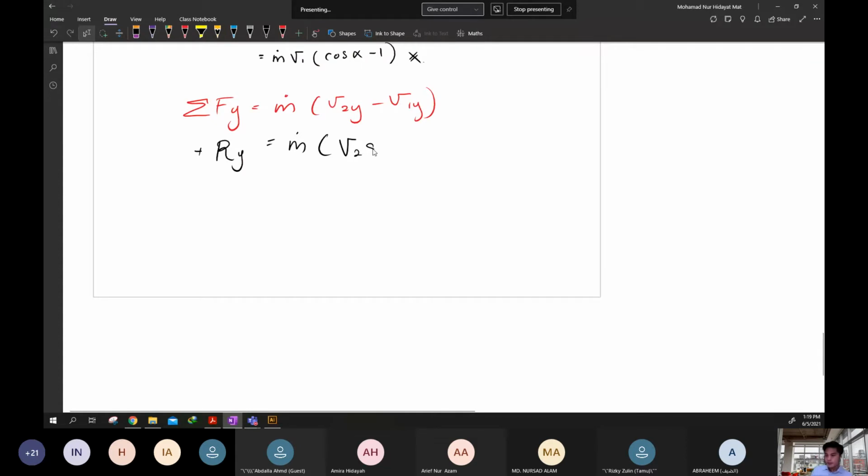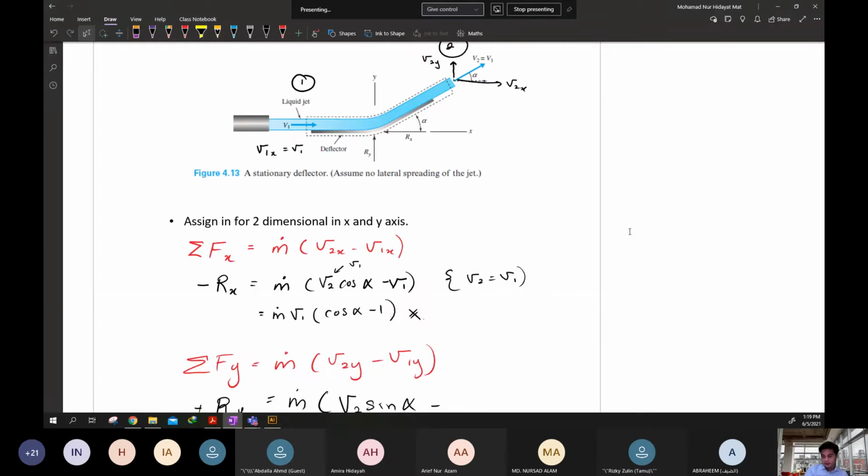What's the value of V1y? 0. Absolutely 0. Do we have velocity in the y component, upward? No, we only have one component, so it is definitely equal to 0. Minus 0.